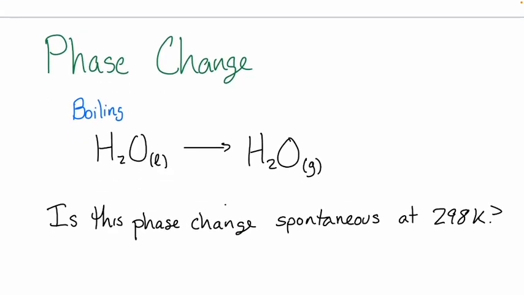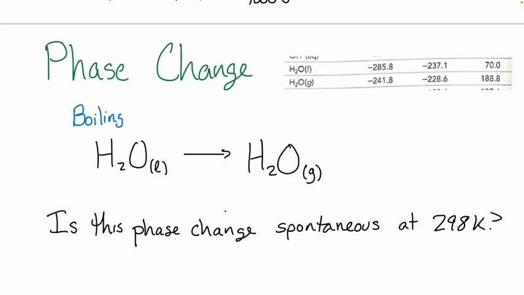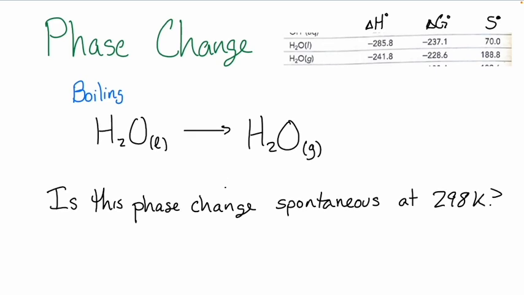I just grabbed these values from the table. That first column is the delta H, then the delta G, and then the entropy. Everybody take a second and tell me whether or not this phase change is spontaneous at 298 K.